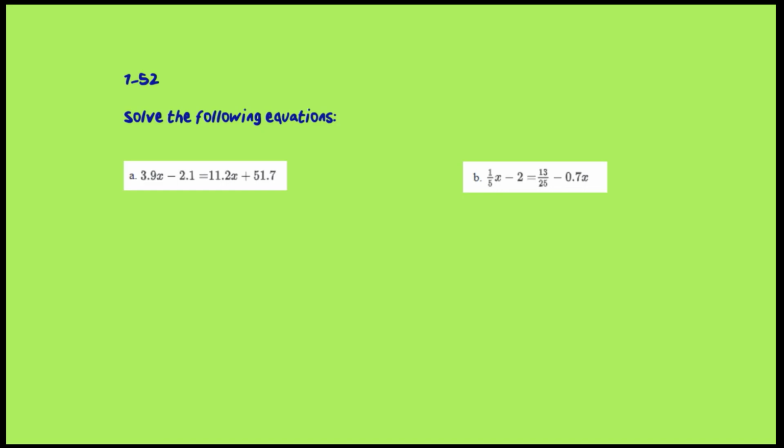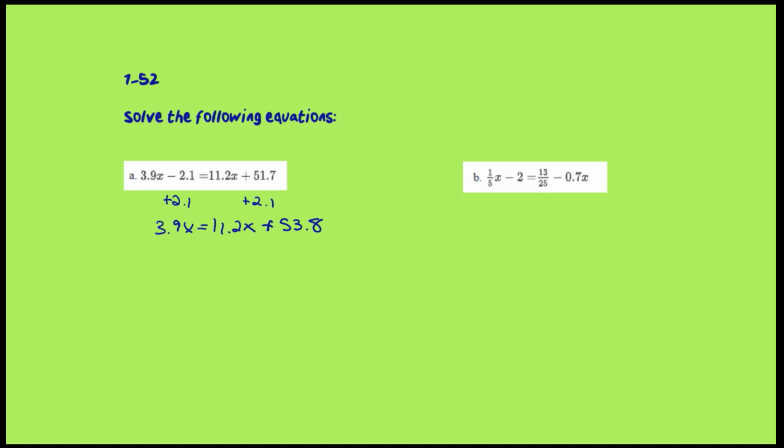So on this first problem, what I'm going to do is add 2.1 to both sides. Okay, and so it's going to be 3.9x equals 11.2x. And then when I add that 2.1, it's going to be 53, so plus 53.8.